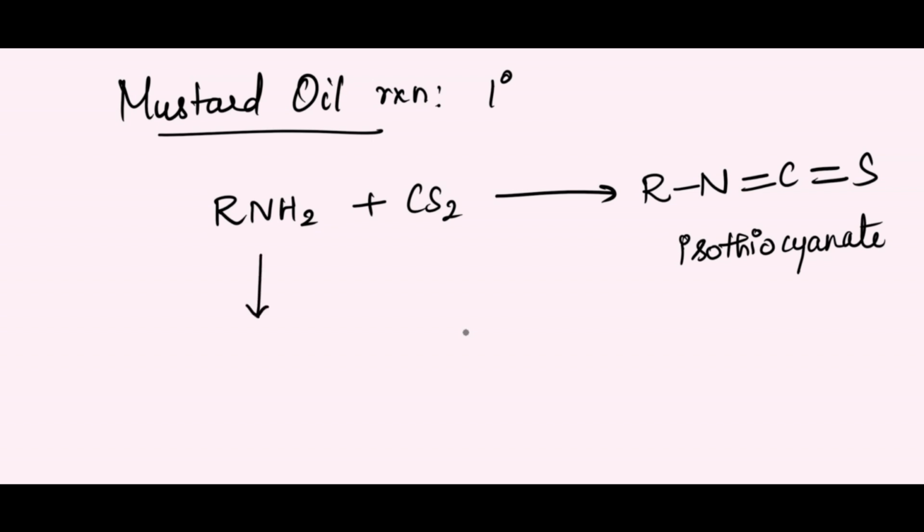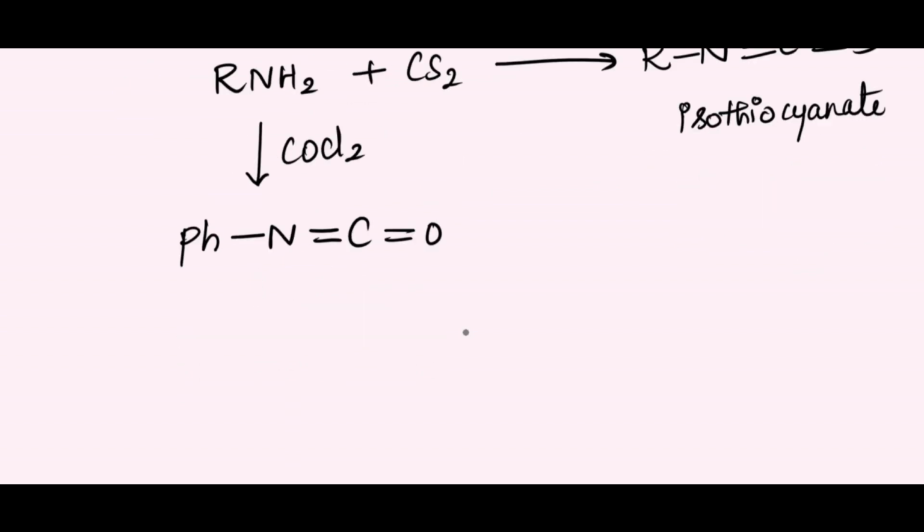And if that is reacting with COCl2, phosgene, it produces, if that is an aryl amine, I am writing it here, Ph N double bond C double bond O. So these two reactions are very important to determine whether that is a primary amine or not.